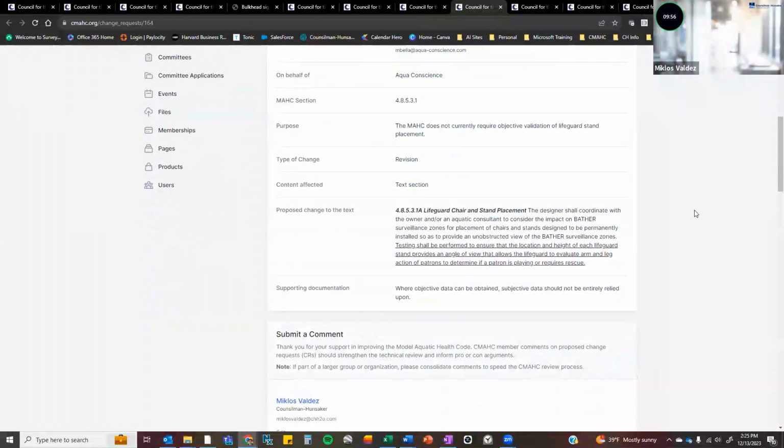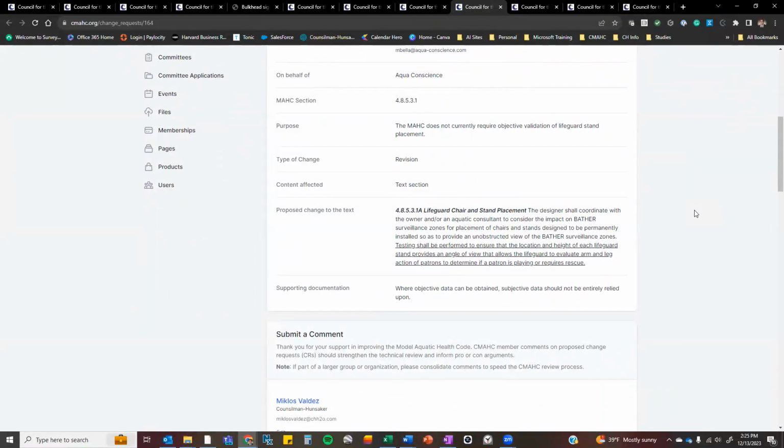Yep, 48531. So in this particular CR, the question comes back to lifeguard placement and how we evaluate whether the placement is appropriate or not. The current language reads that the designer shall coordinate with the owner and/or an aquatic consultant to consider the impact on bather surveillance zones for placement of chairs or stands designed to be permanently installed so as to provide an unobstructed view of bather surveillance zones.